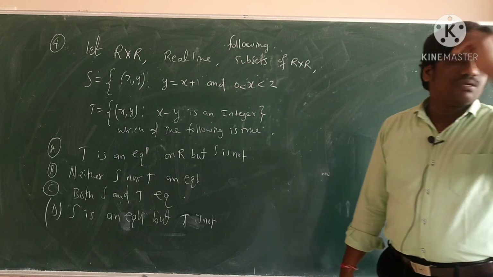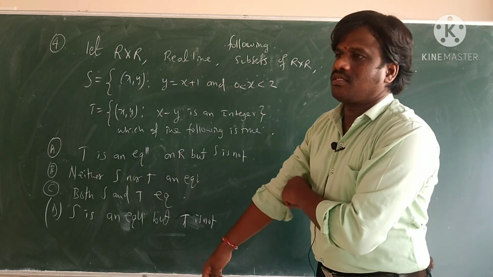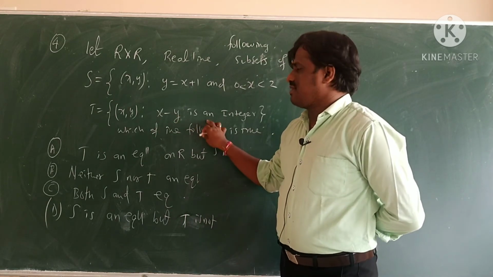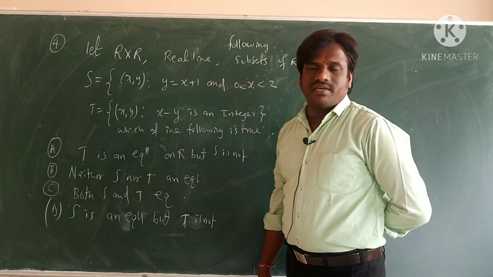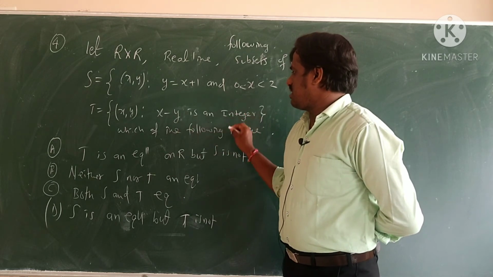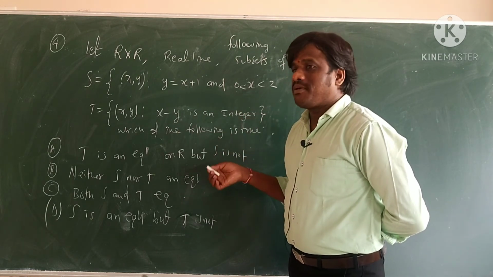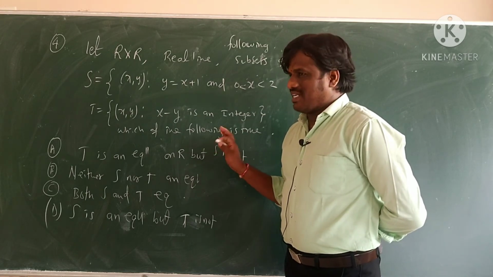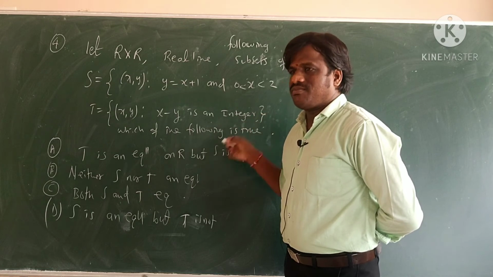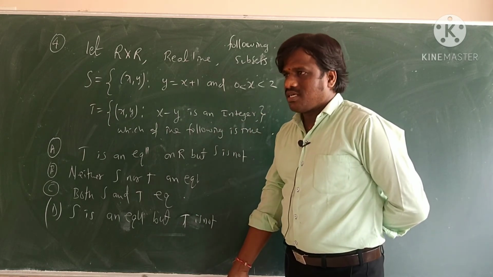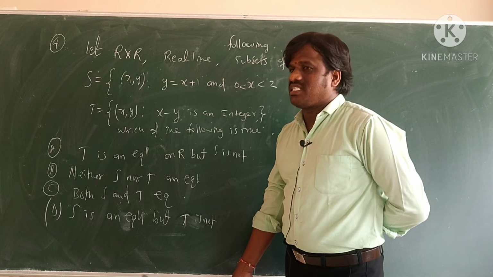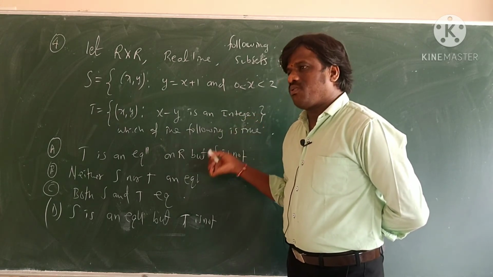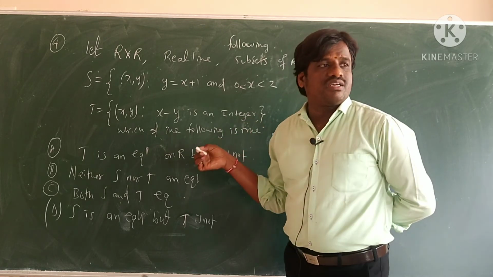Okay, now discuss here. Listen sir, now this one is what? This one, T is equal to (x, y) such that x minus y is an integer. अभी किया था पहले y minus x था, so minus का integer है ना. We have done today's (x, y), y minus x is an integer, we did ना, so this one is same ना, and equivalence, this was equivalence, already we proved.